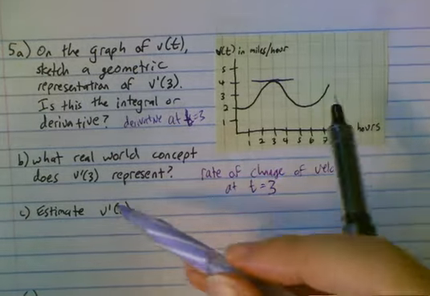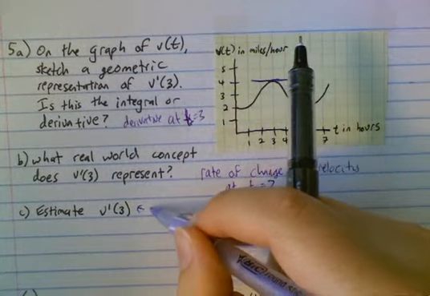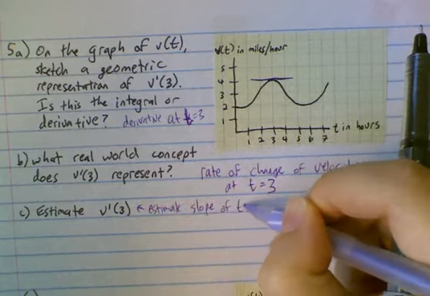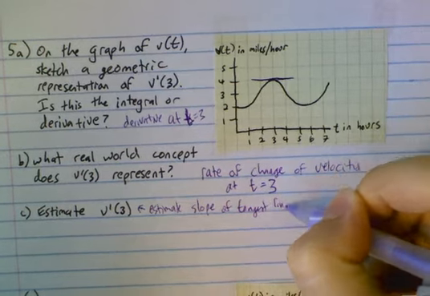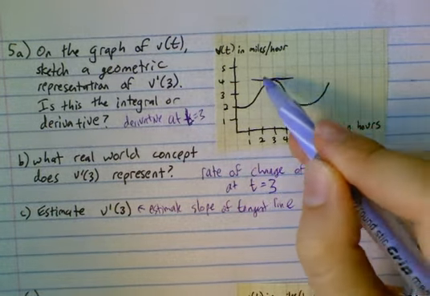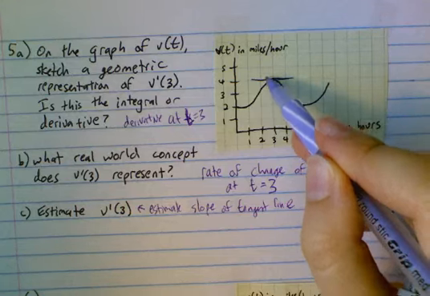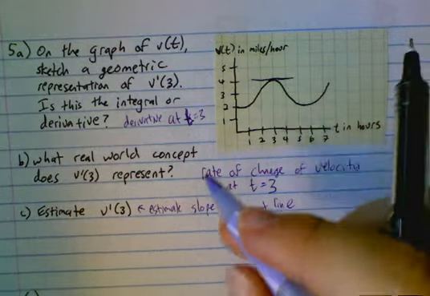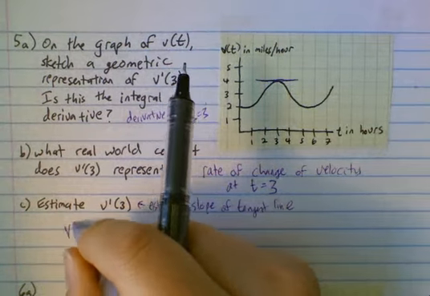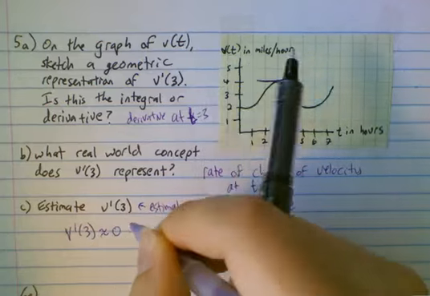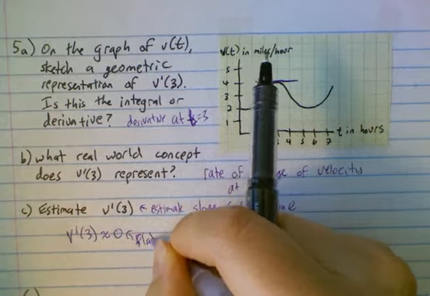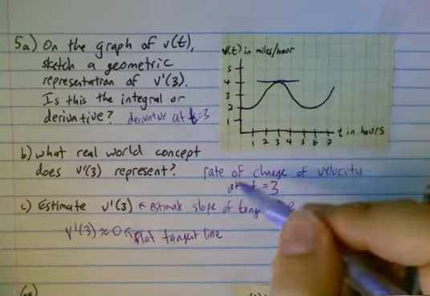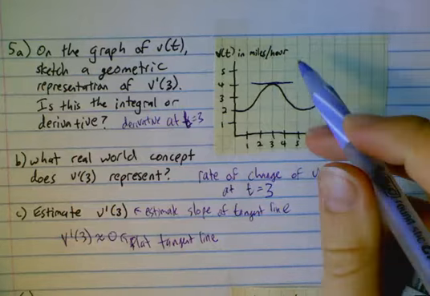And so now we want to estimate v prime of 3. So this means estimate the slope of the tangent line. This is a flat line. There is no rise. There is no change in y. So that means 0 divided by anything is just 0. It does still, however, have units.